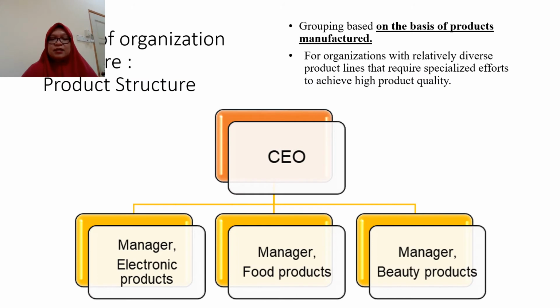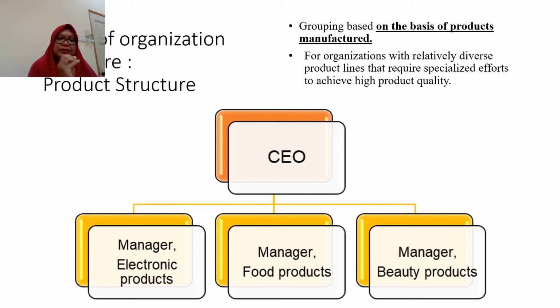The second structure is product structure. Grouping is based on the products manufactured, for example for an organization with relatively diverse product lines that require specialized efforts to achieve high product quality. Here we see the example: electronic products, food products, beauty products. This type of structure is suitable for organizations that have a diverse product line, meaning the organization produces many types of products.